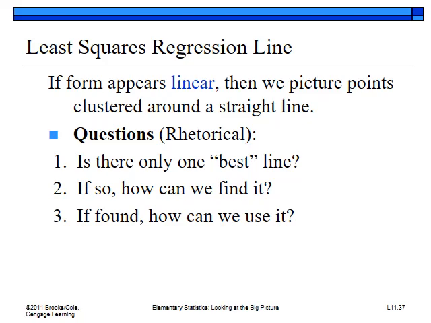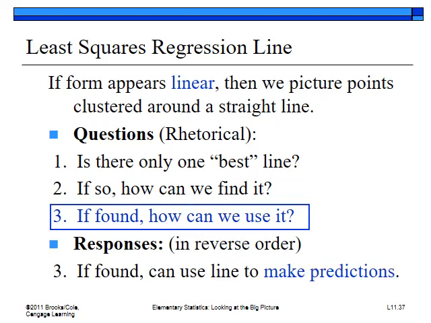And if we find it, how might we use it? Well, if we can find it, we can use that line to make predictions. So if we know what the equation of the line is, if we have an x value with an unknown y value, we can plug that x value into the equation for the line to get a good guess at the y value.